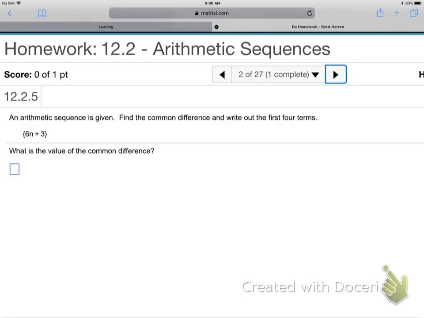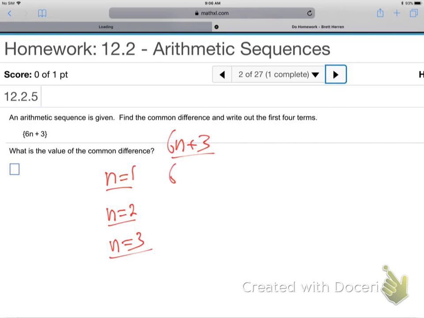So, all right, we'll take the formula 6n plus 3. New formula this time. You know what we're going to do. We're going to plug in n equals 1, n equals 2, n equals 3.